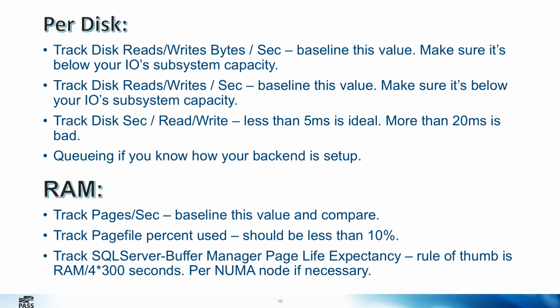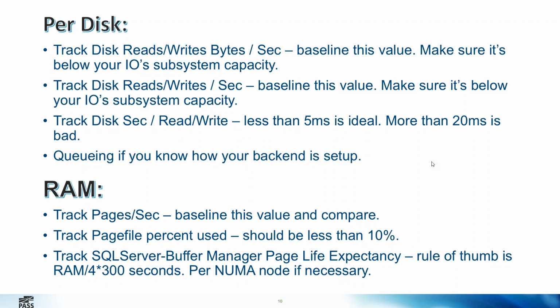Same with the IOPS, you want to baseline it to make sure that it makes sense against your actual capacity. Latency, usually less than 5 milliseconds is ideal. From 5 to 20, it really depends if the workload is very sensitive to latency or not. Anything bigger than 20, I always flag as an issue and tell people that it's something they should be looking at.